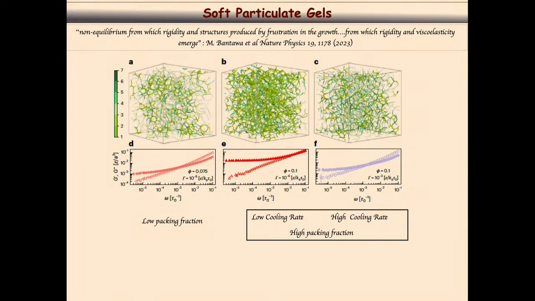So my collaborator and friend Emanuela Del Gado studies these gels, and what they noticed is the kind of network that forms can depend not only on the density but also on the protocol they use to create these. So these two gels have exactly the same density, but this one had a faster quench rate than this one. And these viscoelastic properties change with that.